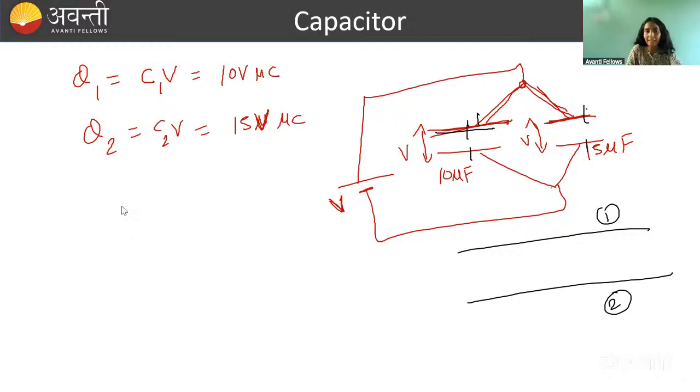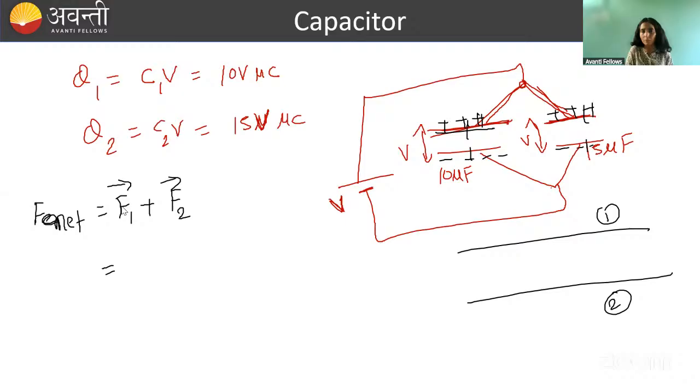So basically net force अगर आप निकालोगे तो force acting on capacitor 1 plus force acting on capacitor 2. ठीक है. And they will be in the same direction, because if this has a positive charge, this also has positive charge. If this has a negative charge, this also has negative charge. So force direction will be also same.